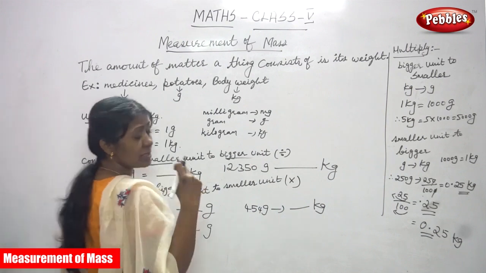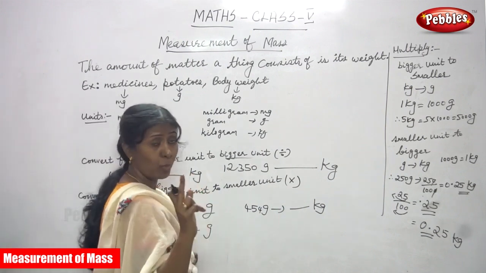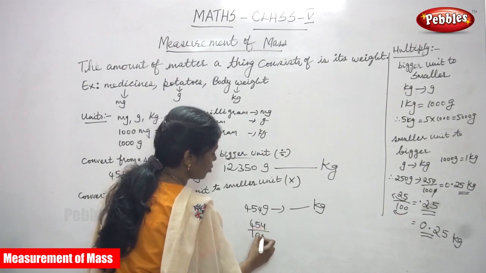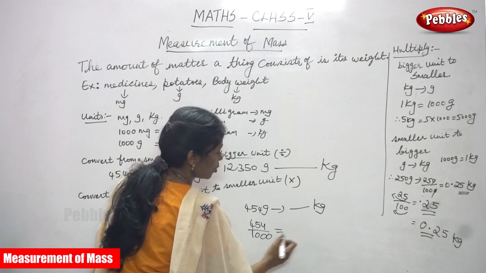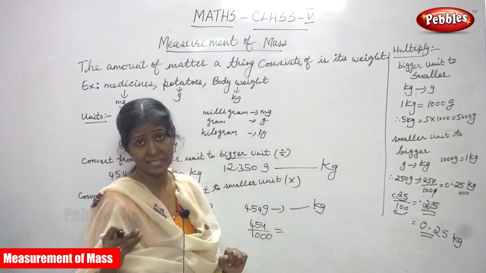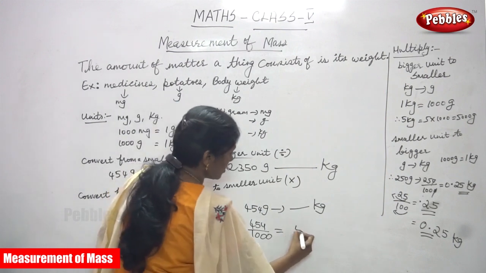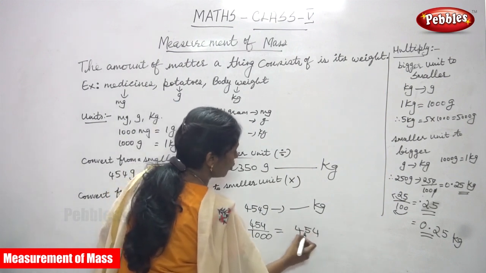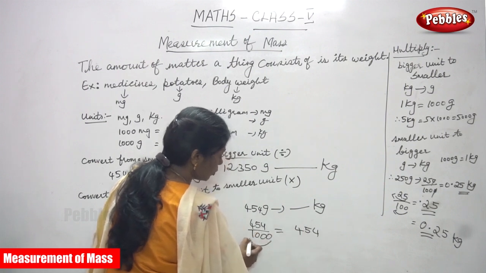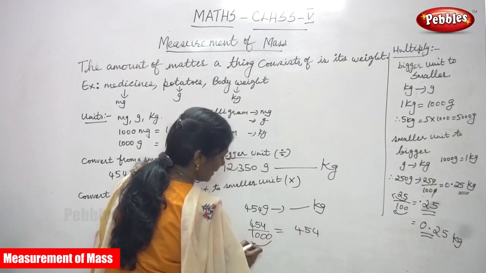Division. 1000 gram is equal to 1 kilogram. So 454 is divided by 1000. You have to move 3 decimal places to the left. So 454, move 3 decimal places to the left.